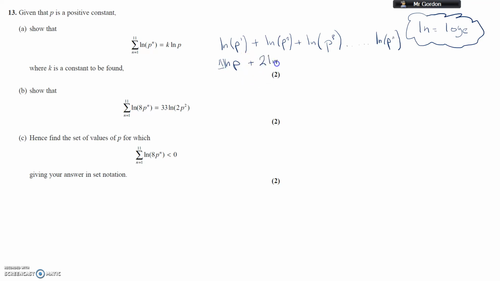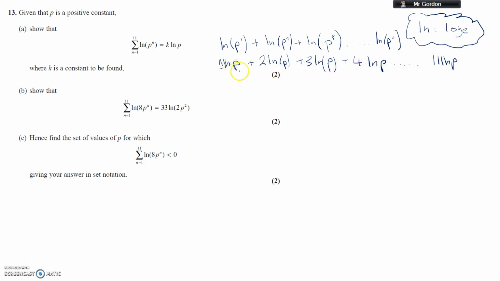So start putting the powers out, and you start to get this sequence using the power rule. Alright, so we're just going to add these up because we've got a whole load of ln p's, all the way up to 11 ln p.